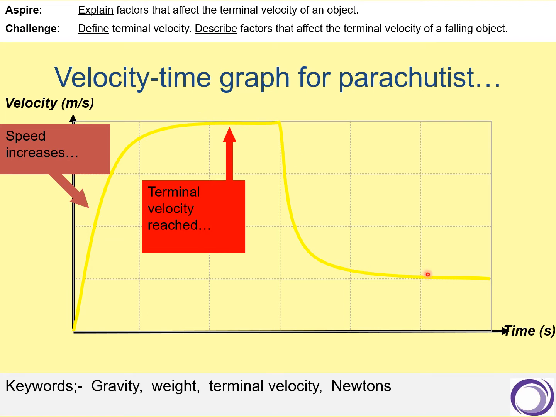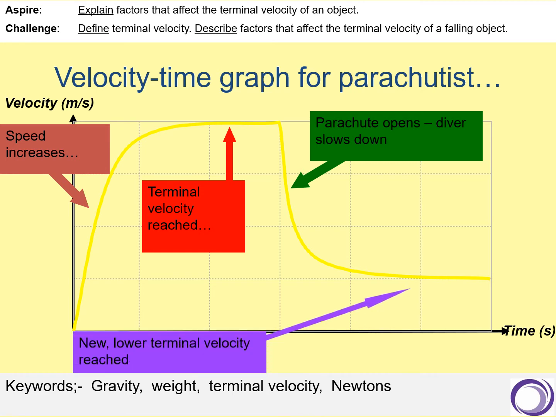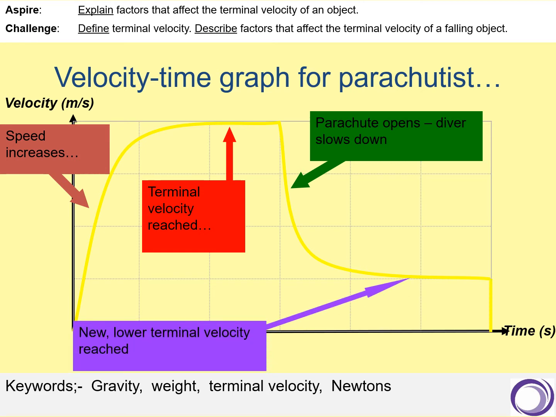I think it's around about 12 meters per second. Still pretty fast, but fast enough where you're not going to hurt yourself. So you will get a new terminal velocity, and then actually what would happen is you would hit the ground. So the parachute opens, and then you get a new terminal velocity, and eventually you'll get to zero velocity, 0 meters per second, because you have actually landed and hit the ground.